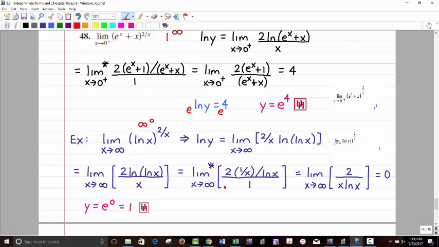That's 1 on the bottom. So I drop the ln of x down. Both the x and the ln of x go down. 2 stays up. So I put in infinity. I definitely have 2 over infinity, so that goes to 0. And that means y equals e to the 0, which is, of course, 1. And Maple has 1 for that one, so that's good.